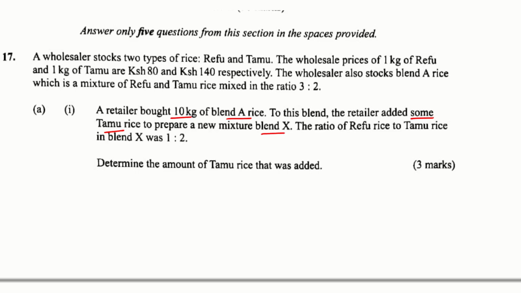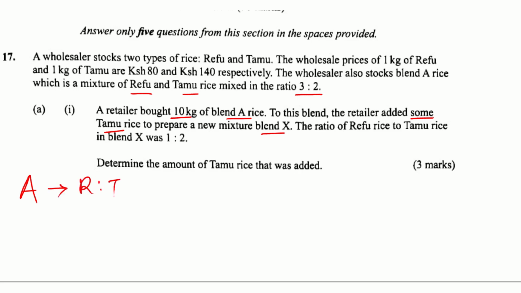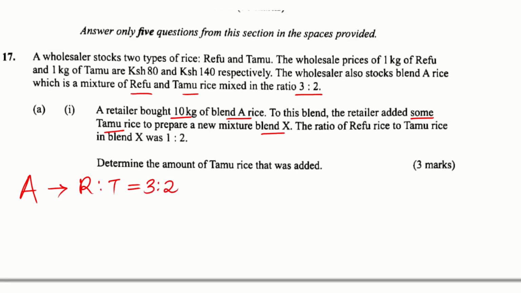We already have the ratio in which refu and tamu was mixed in blend A, that is 3:2, refu to tamu. Since we have 10 kg of the whole blend, we can get the amount of refu rice by using this ratio.